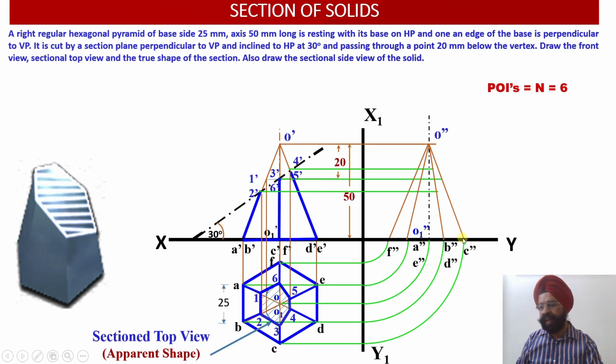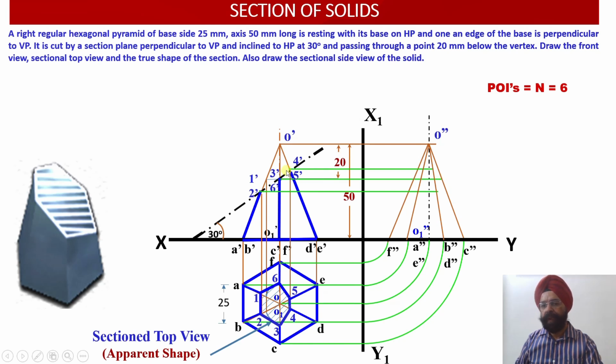Where does C lie? Here. Where does F lie? Here. That is the outermost generator. So if I draw a horizontal line, wherever it intersects O double dash, F double dash, point 6 double dash is created. Similarly, wherever this horizontal line intersects O double dash, C double dash, I get the location of 3 double dash over here.